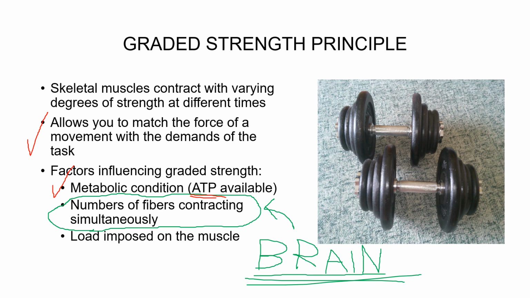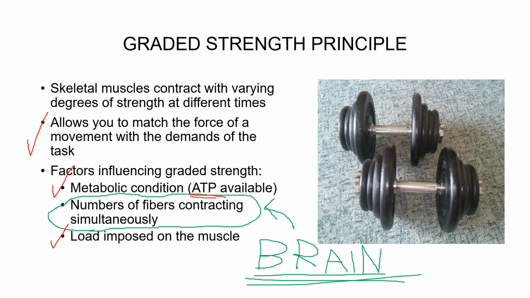And then, as I mentioned earlier, the load imposed on the muscle. It just depends, right? If I'm lifting 10 pounds, I can lift that with a couple fingers. I don't have to use my entire lower body, my back, all my arm muscles. I can lift that with a couple fingers and twirl it around a little bit. If I'm lifting a 40-pound dumbbell, I better bend my knees and bend my hips and secure my abdominal and back muscles to make sure I don't have a hernia, right?